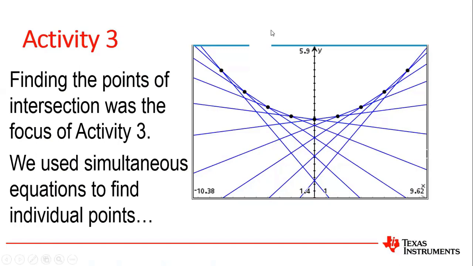As the points of intersection between line 1 and line 2, between line 2 and line 3, etc. So the idea of between consecutive lines was a really important concept. And we used the subscript T to denote the number of the line.